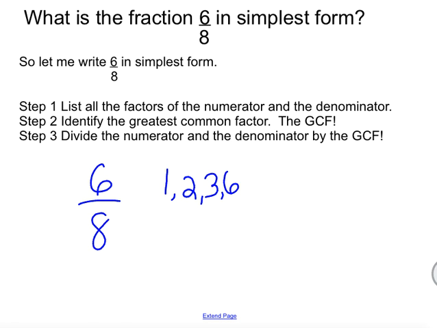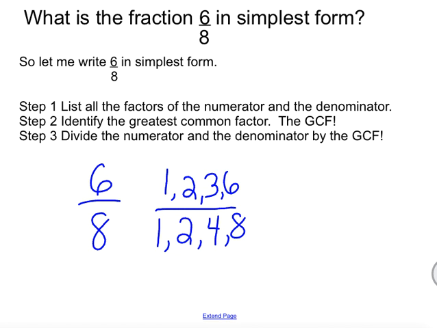I did that as factor pairs, like with the factor rainbow. Then I list the factors of the denominator. The factors of 8, which I know are 1 and 8, 2, and 4.